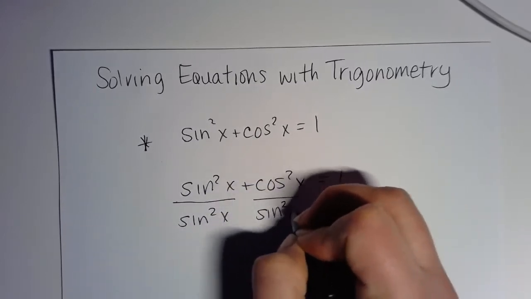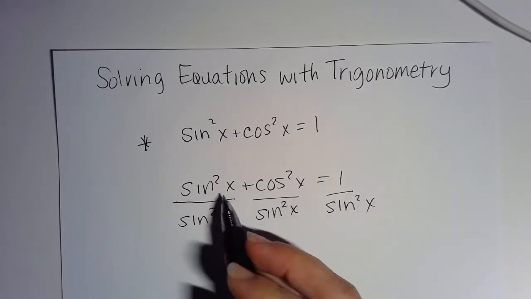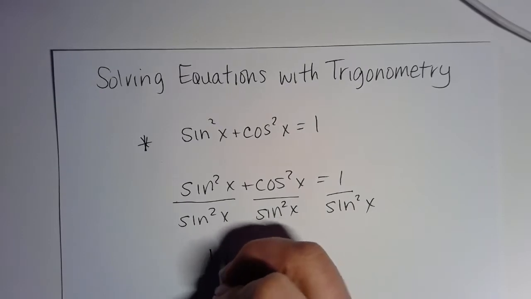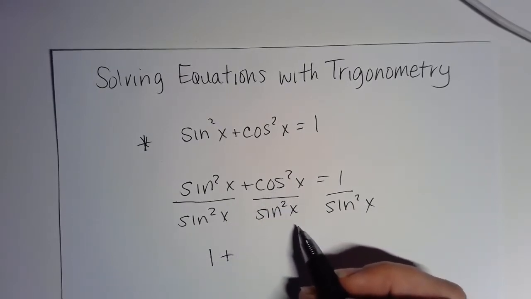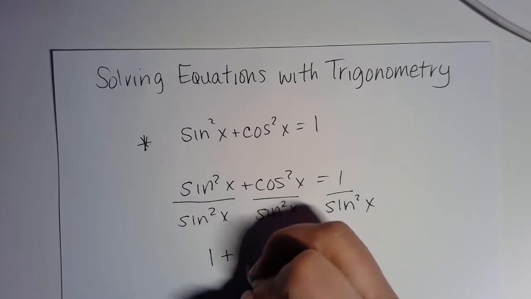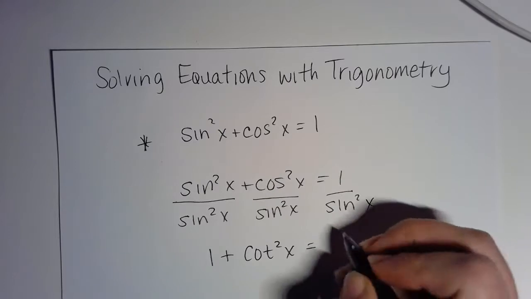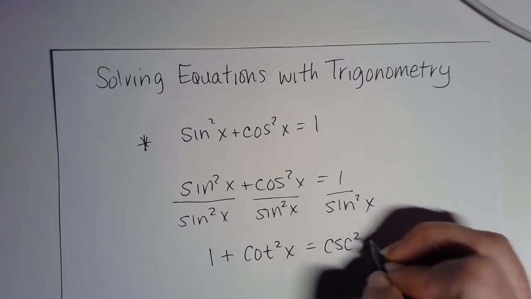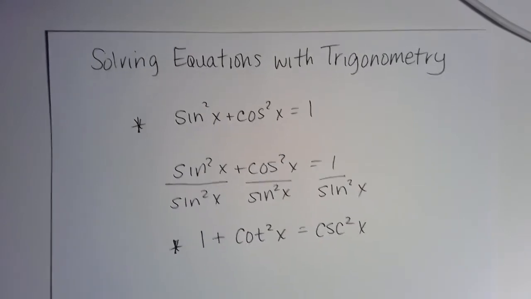This produces a new identity, and this one is 1, right? Sine squared over sine squared is 1. Cosine squared over sine squared is cotangent squared, equals 1 over sine squared, which is cosecant squared x. So here is another identity, okay?